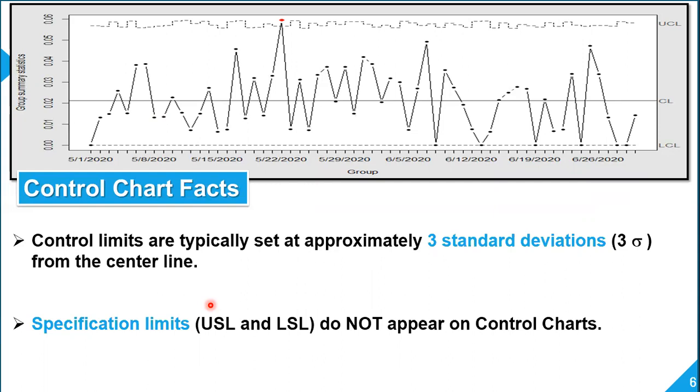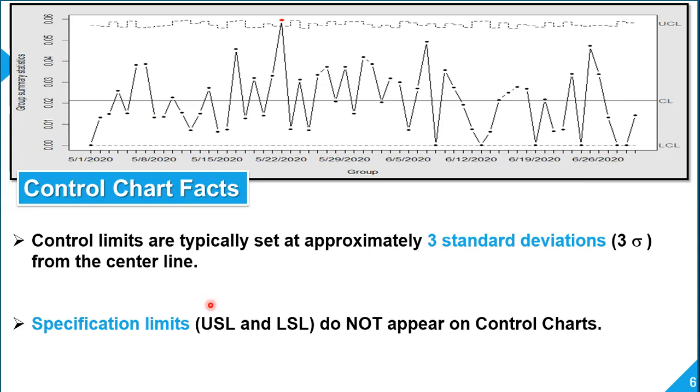Next point, yes, as we already talked about, specification limits do not appear on control charts because upper and lower control limits are not specification limits. Specification limits might be beyond the upper or lower control limits, or on a few occasions specification limits might be within control limits too. That totally depends on how your process is performing.